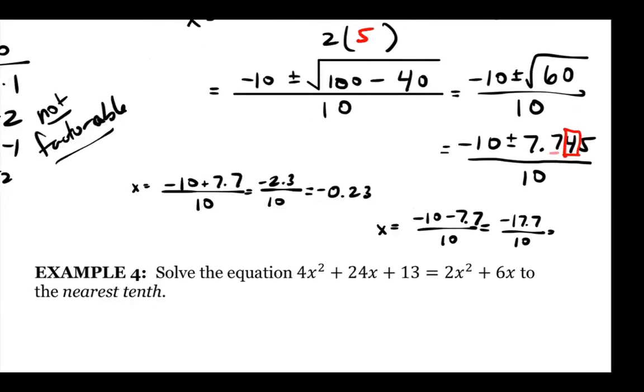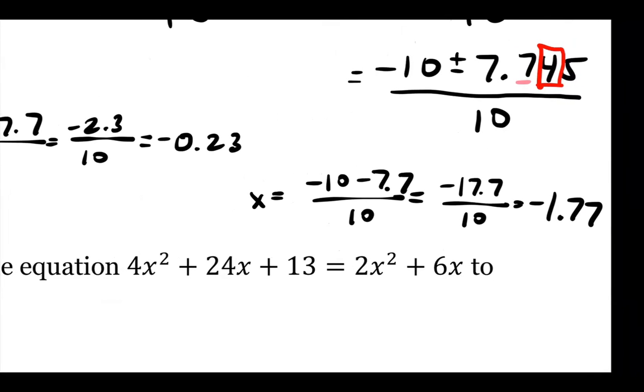I get negative 1.77. These digits right here are going to determine whether I round up or stay. 3 is too low.